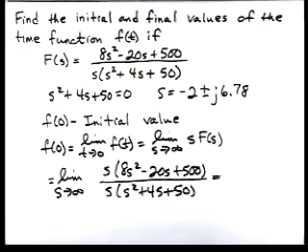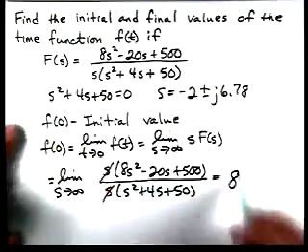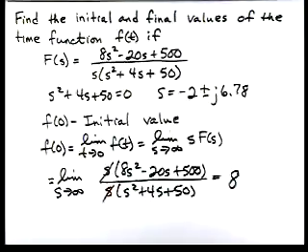And if we look, the s's cancel out. As s gets really large, basically the coefficients of the s squared terms are going to dominate. So our initial value then is 8.